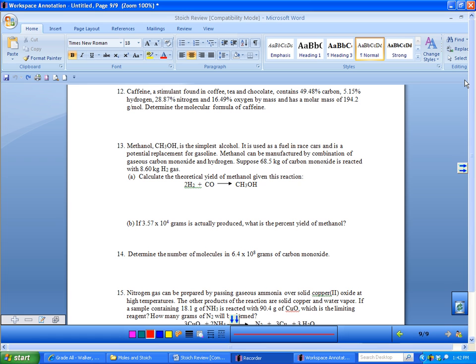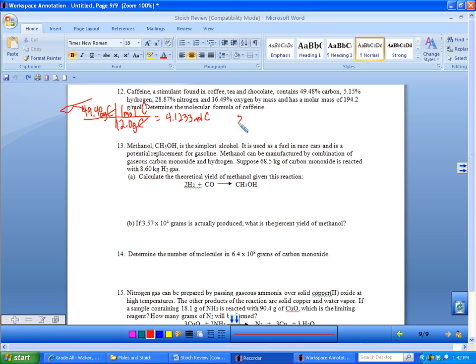All right. So I'm going to take my 49.48 grams of carbon, and I'm going to say 1 mole of carbon is 12.0. So when I make that division occur, I got 4.1233 moles of carbon.